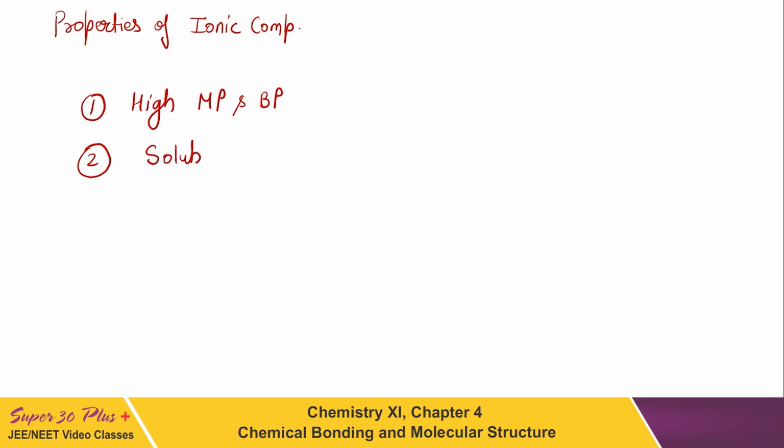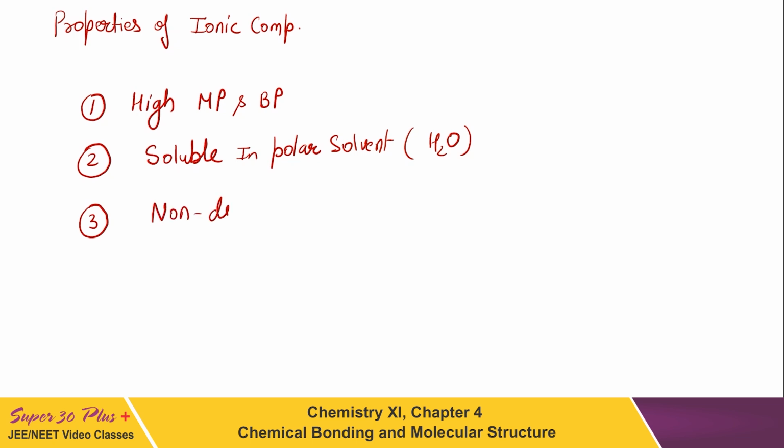Ionic compounds are soluble in polar solvents. Any example of a polar solvent? Here it is H2O, and they are almost insoluble in non-polar solvents. Moreover, the ionic bond is non-directional, so ionic compounds are also non-directional, meaning no geometry.